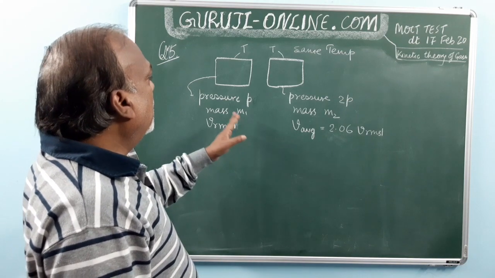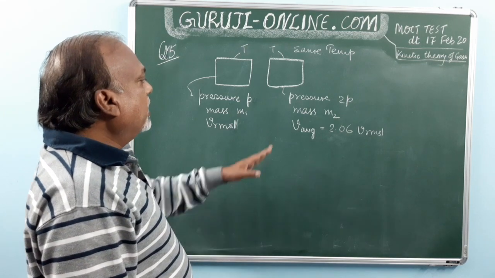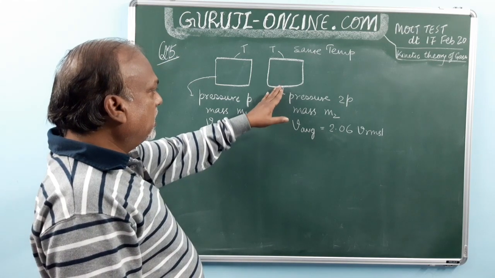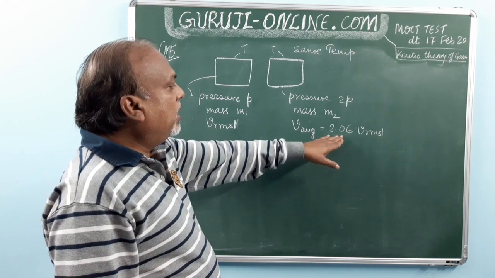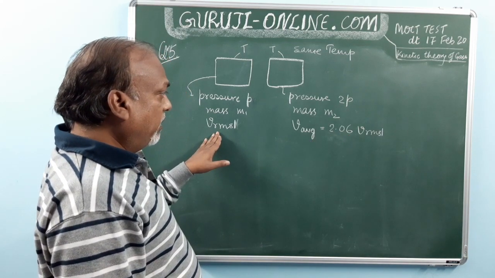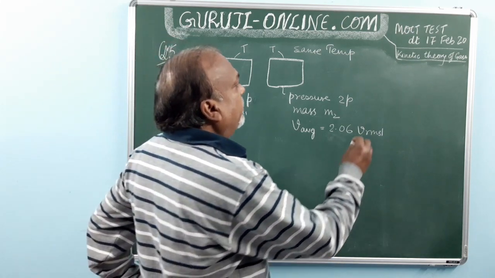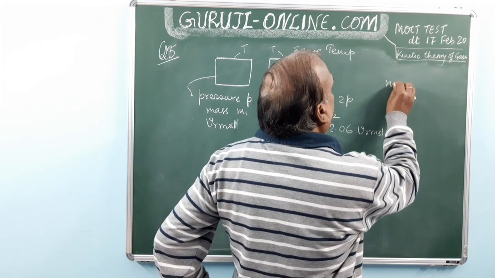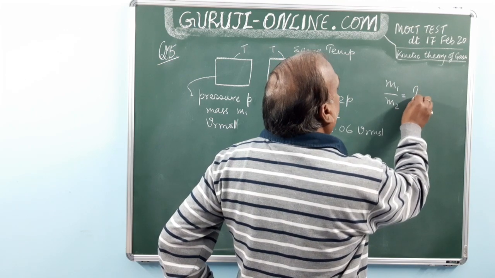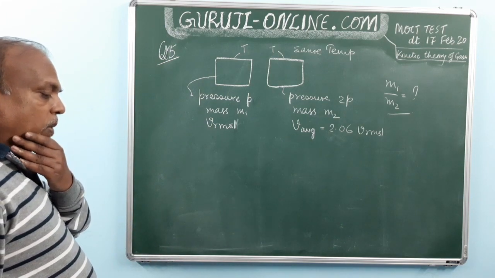In the other container it has pressure 2P, that is double, and the mass of the gas is M2, and here the average velocity is 2.06 times the RMS velocity of the first, quantity wise. So we have to find the ratio M1 upon M2.